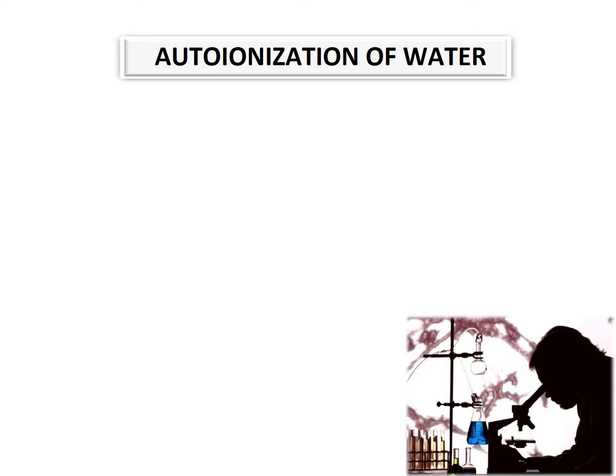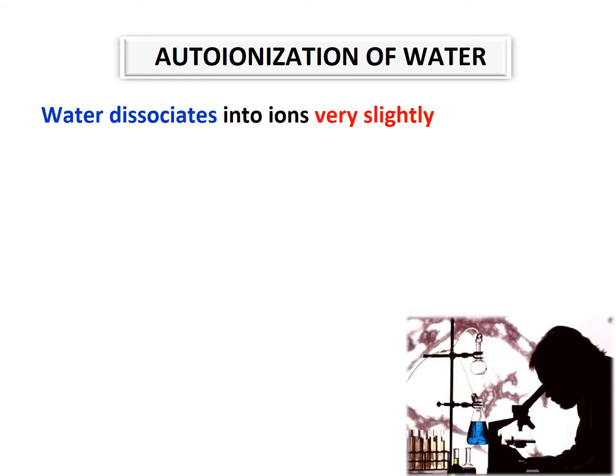Here, let us look at the dissociation of water molecules. Two water molecules are capable of reacting with each other to give a pair of hydronium ions and hydroxide ions, as shown in the equation.